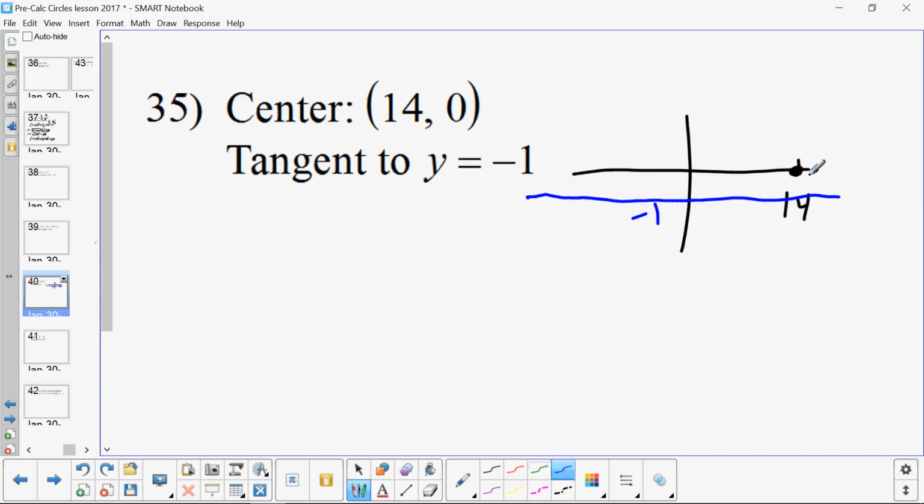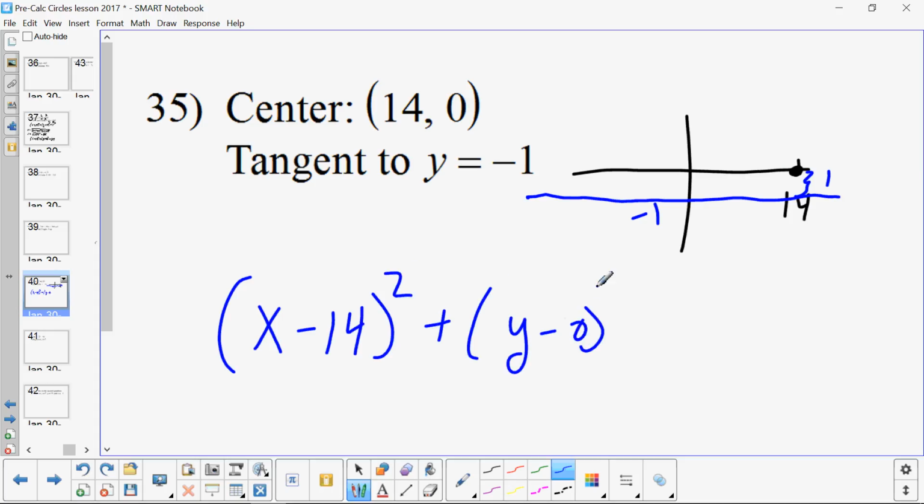Now this one's pretty easy since you just have to count. So from 0 to negative 1, how big is that space? It's 1. So that's your radius. So x minus 14 squared plus, now I'm going to write it as y minus 0 squared equals 1 squared.